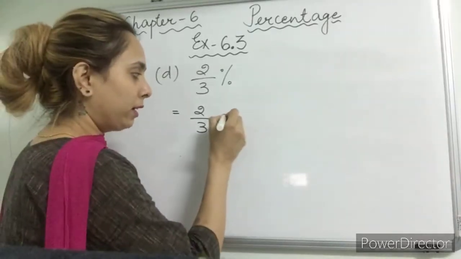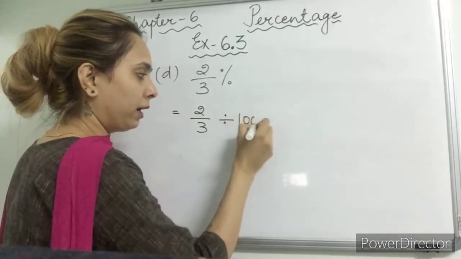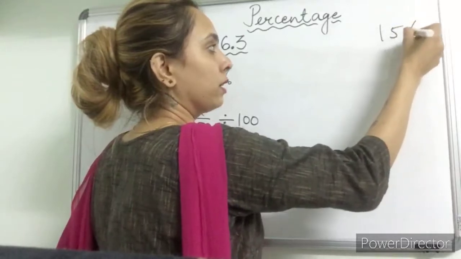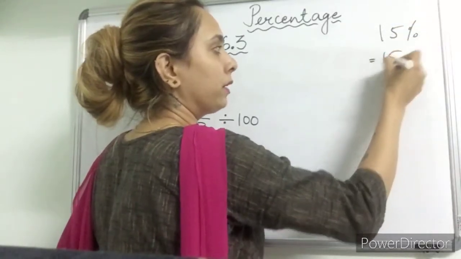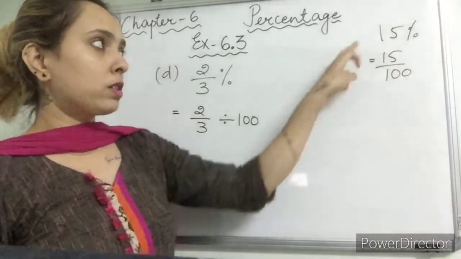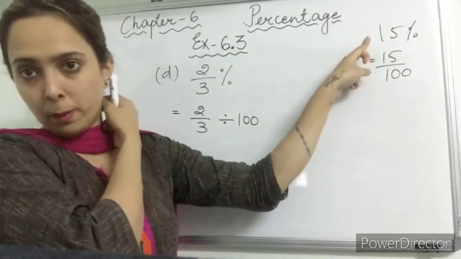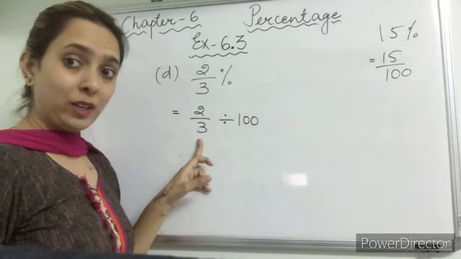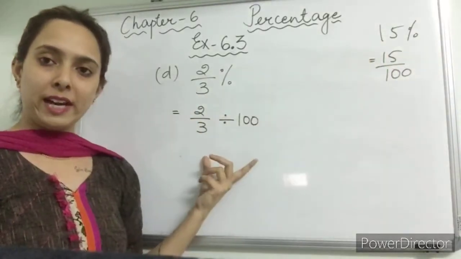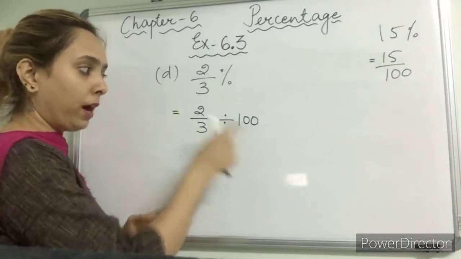In the previous question it was 15%, so we simply wrote it over 100 because it was a whole number. Here we have a fraction, so we cannot write it in that form. That is why we always write 2 upon 3 divided by 100.